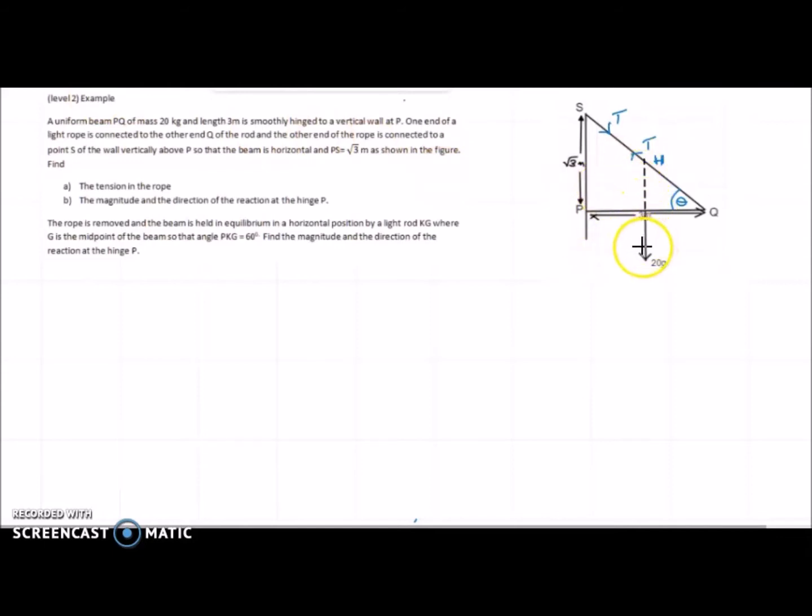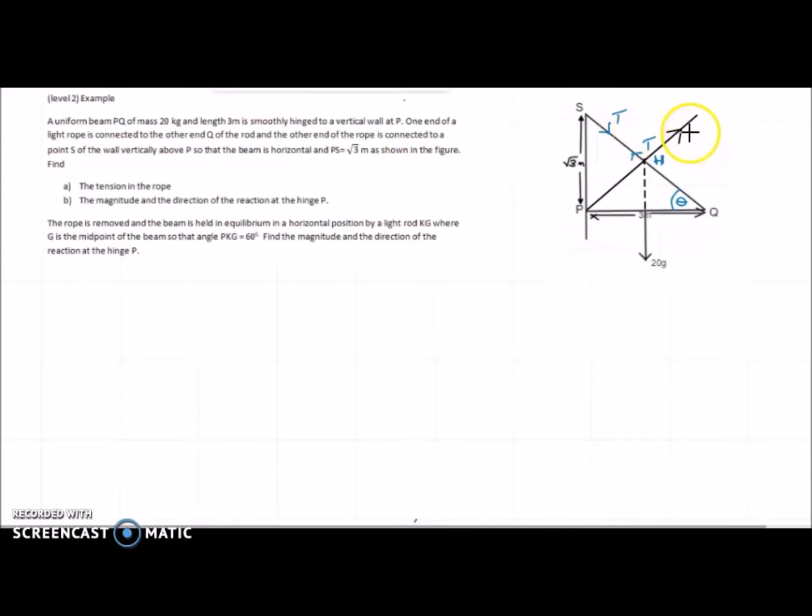There is the weight and the tension, and there's another force, the reaction at the hinge. So this is in equilibrium under the action of 3 forces. The forces are not parallel.